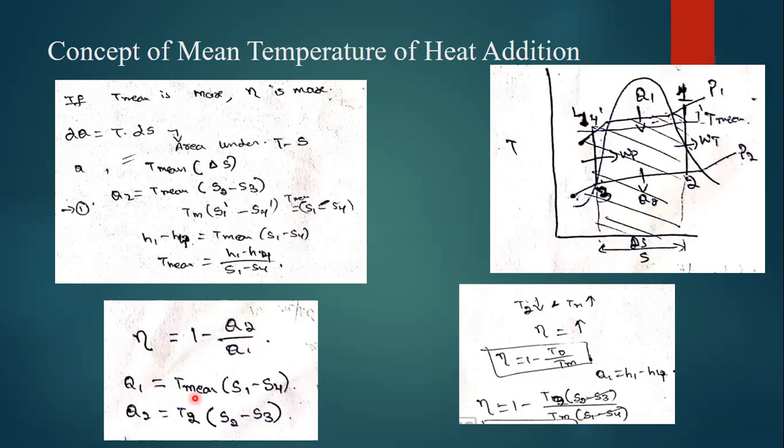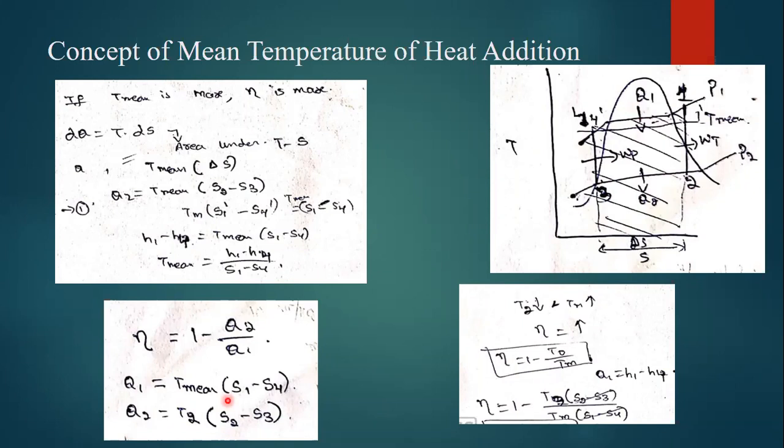So now what is Q1? From here I have Q1 as T mean into delta S, which is T mean into S1 minus S4. And Q2 is nothing but, here instead of taking T mean I have taken T2. So Q2 is T2 into the entropy change S2 minus S3, for heat rejection.